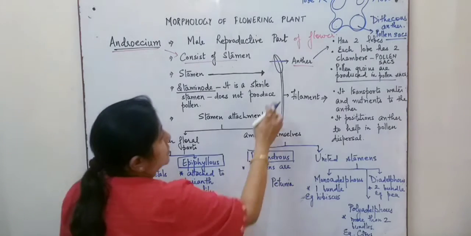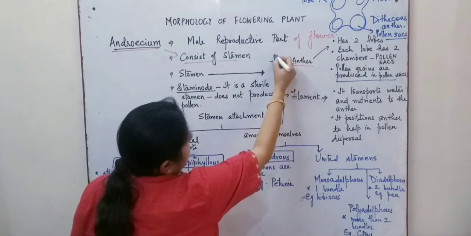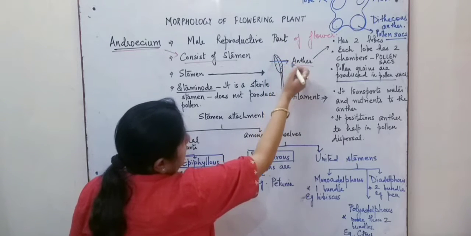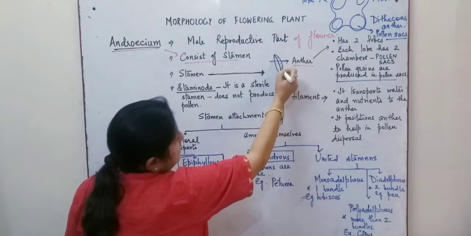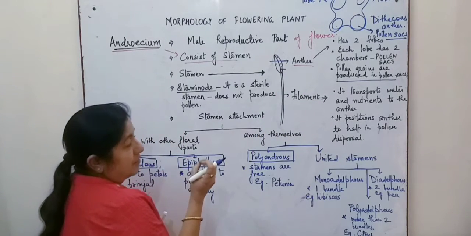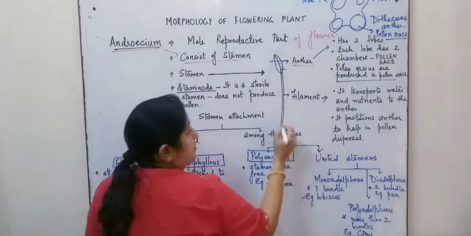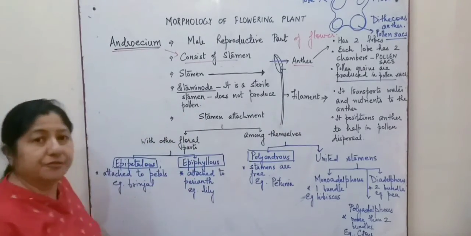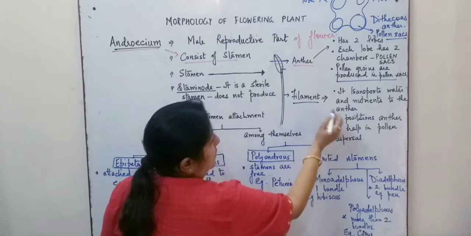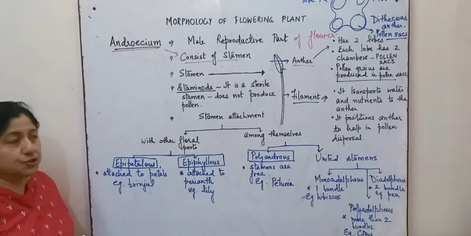Now as we come down, the anther is attached variously, and you can see the two lobes, the clear structure of the anther dividing into two parts. The line which you see over here is the line of dehiscence, that is the point at which the anther ruptures. Now this is the filament. The filament remains attached to the flower variously, and the main function of the filament is that it transports water and nutrients to the anther.